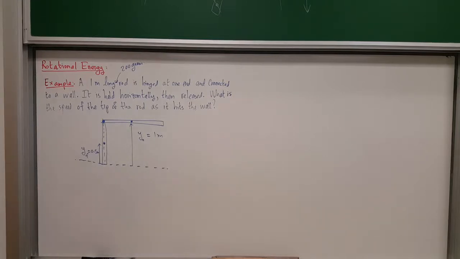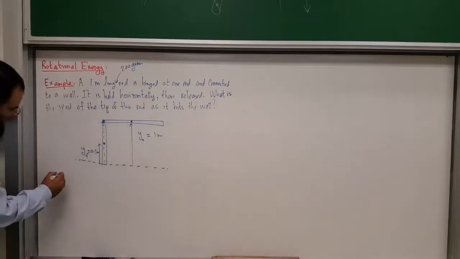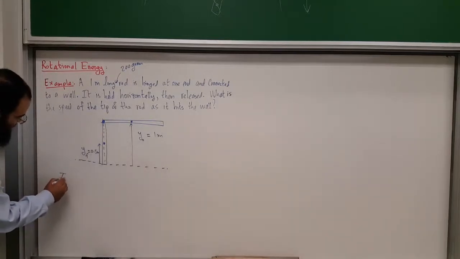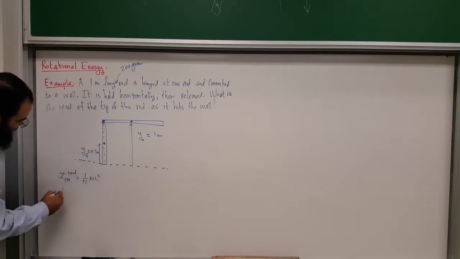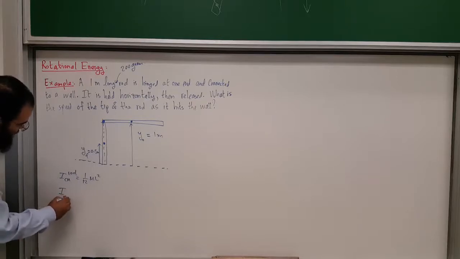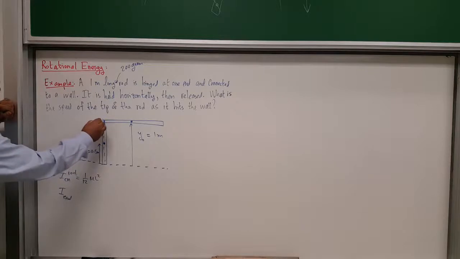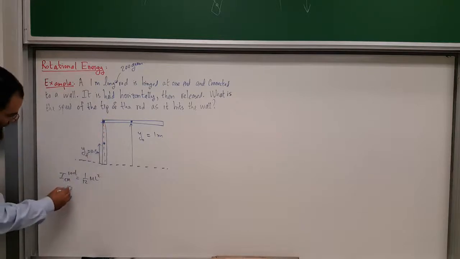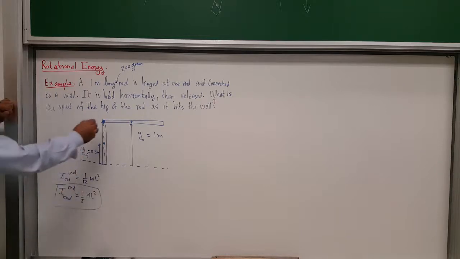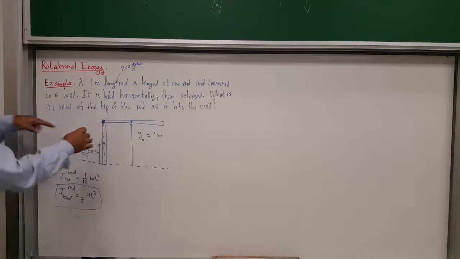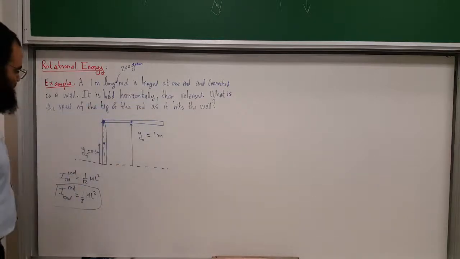So remember, for a rod, the moment of inertia about the center of mass was 1/12 ml squared. But the moment of inertia about the end of the rod, which we have here, is 1/3 ml squared. And that's what we're going to use in this problem, because the rotation is about an axis through the end. You're pinning it here and letting it spin.